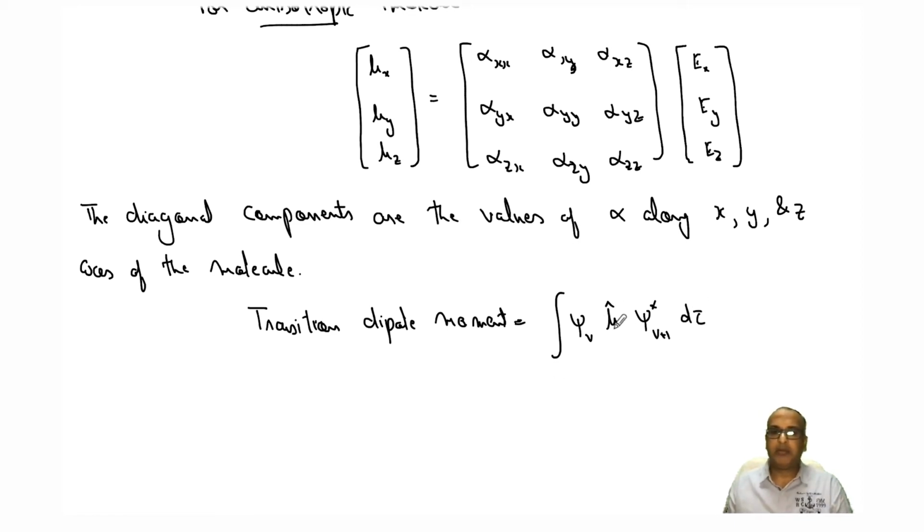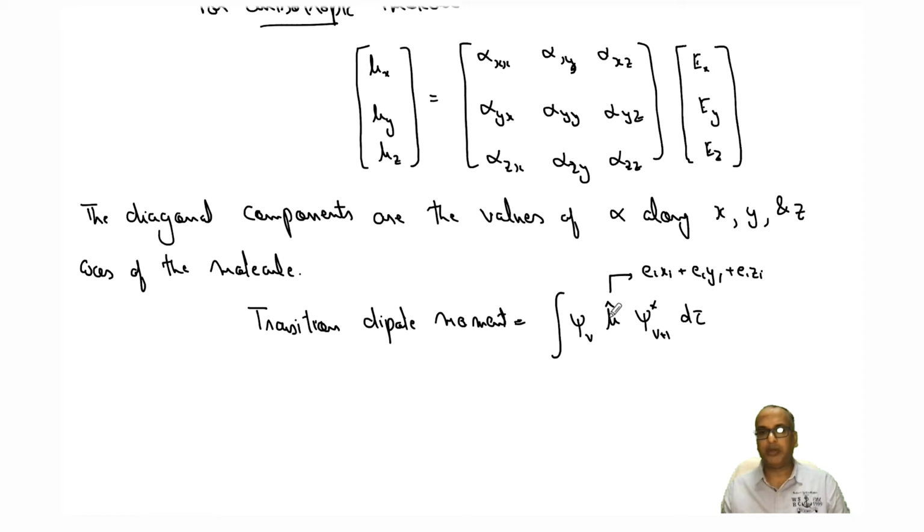If you remember, mu is alpha E, but mu is nothing but the sum of e i x i plus e i y i plus e i z i, right?